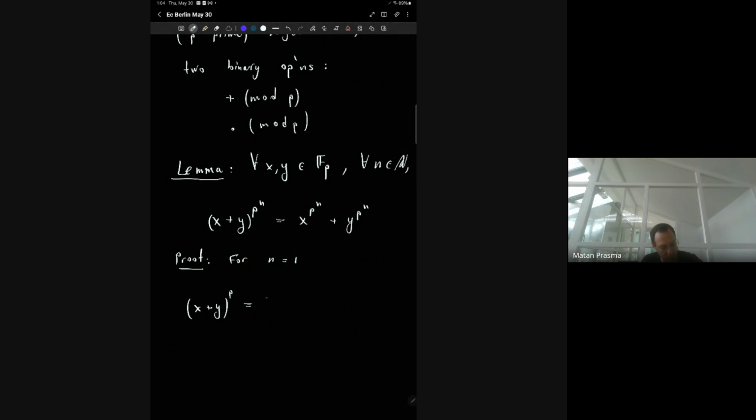The binomial formula says that you sum over all terms of the form x to the i, y to the p minus i, where i goes from 0 up to p, times the binomial coefficient.